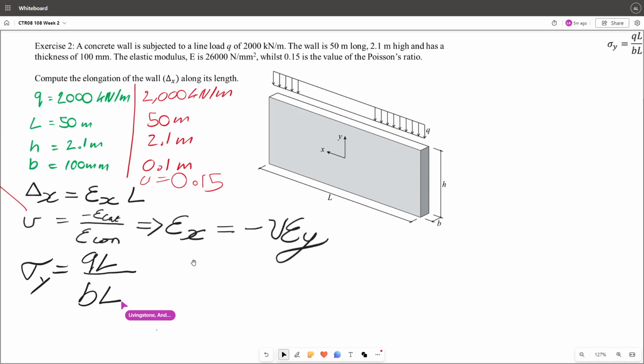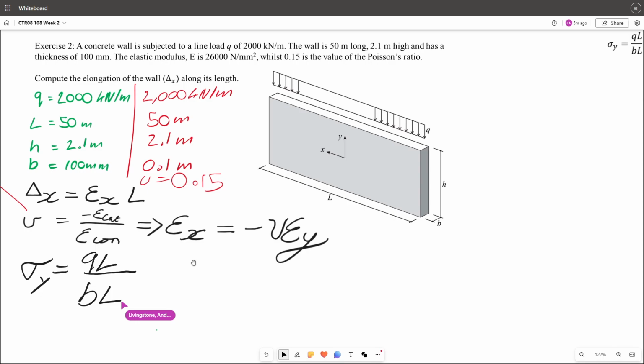So the stress coming down is force over area times the length. Or no, it's not force over area. It's force length. It's the Q, the linear load, times the L, gives you the actual force. The B is the breadth, and that's the area. So that there equates to F over A.